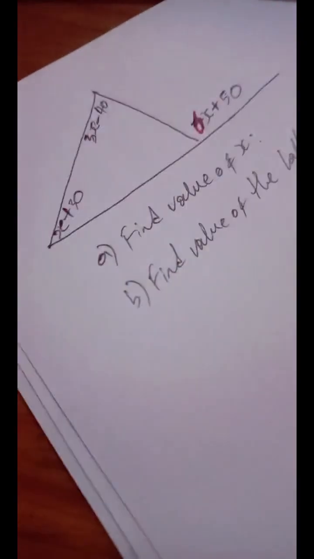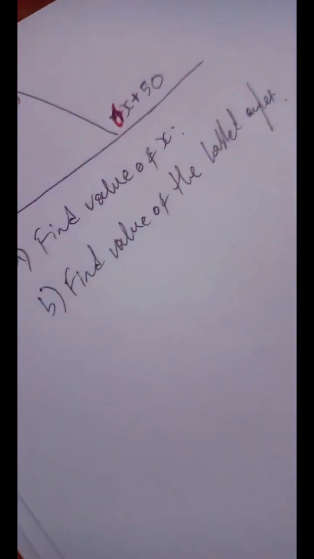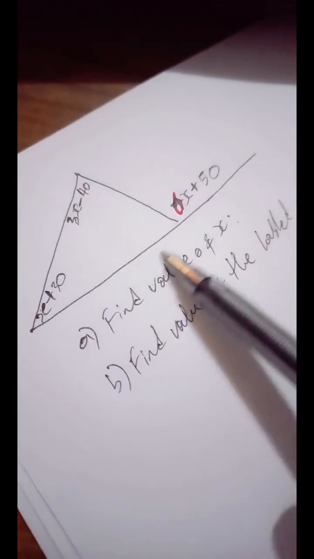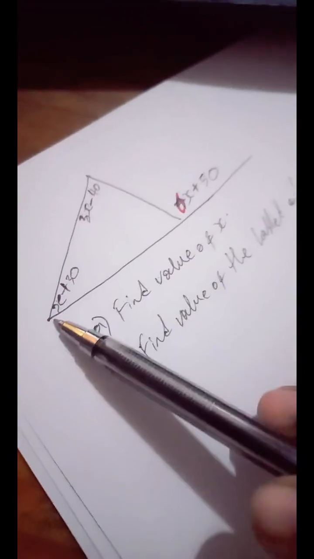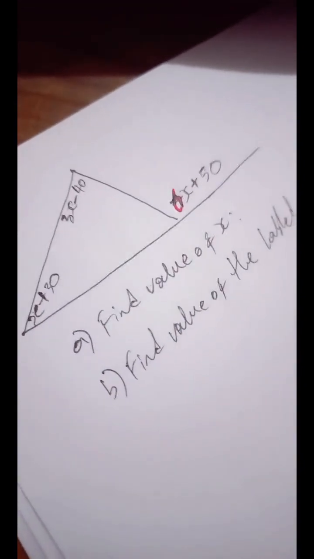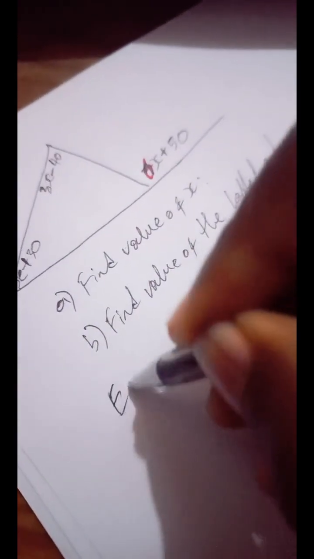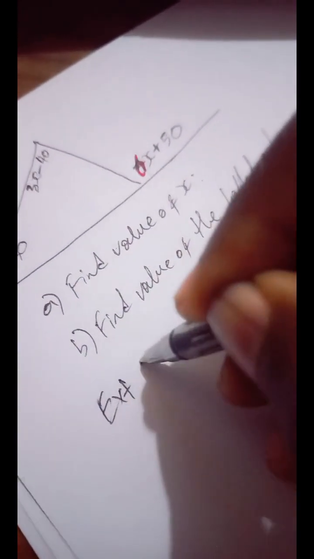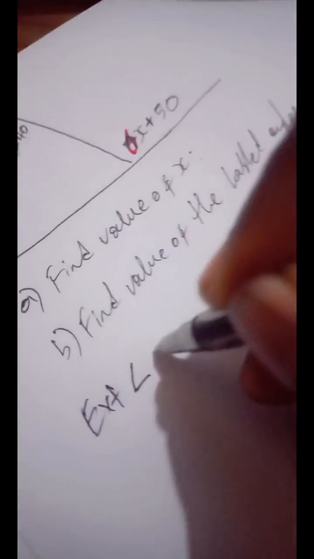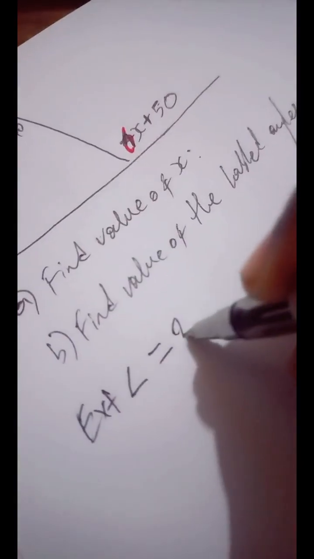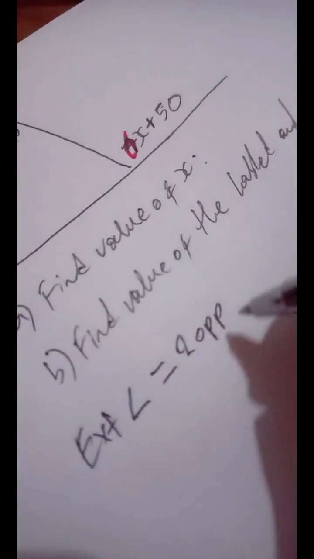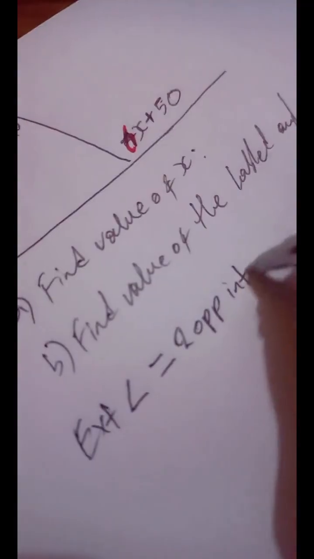Thank you, Azania, for the share. Right. Let's find the value of x. Yes, you collect like terms. Remember, we are saying that exterior angle equals the two opposite interior angles.